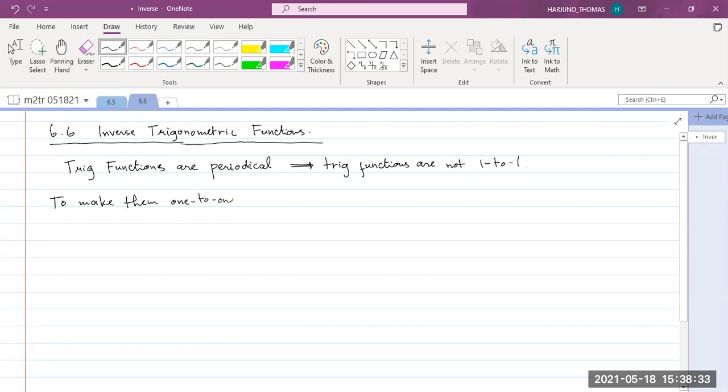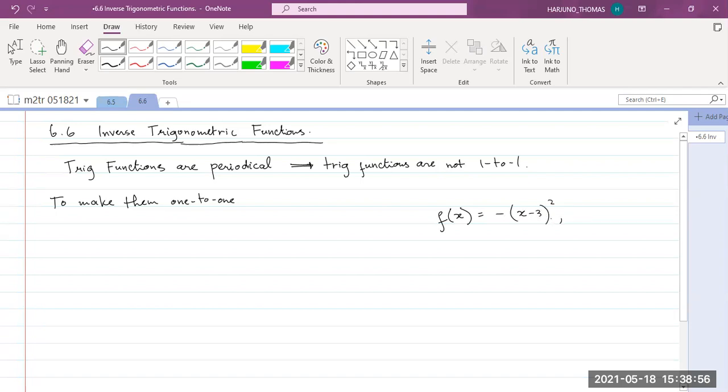We learned this, I think, in test 1, right? In test 1, we learned you have some functions which are not one-to-one, but you make them one-to-one by restricting the domain. For example, f(x) equals, I don't remember precisely the question, but let's say negative (x minus 3) squared.